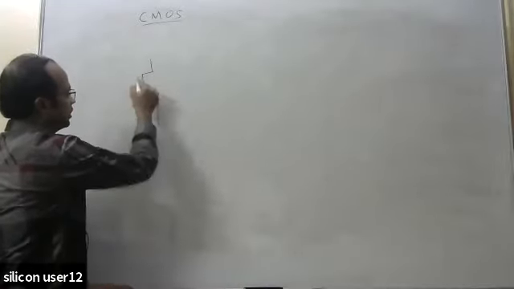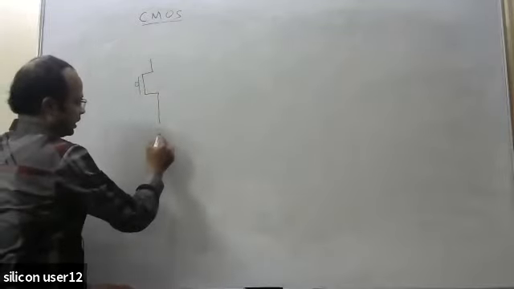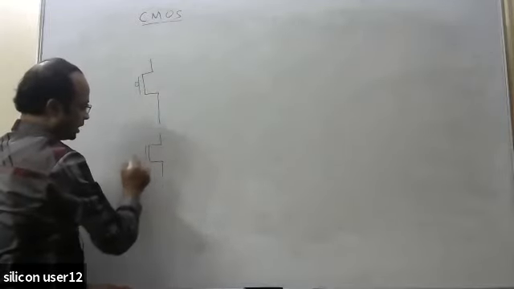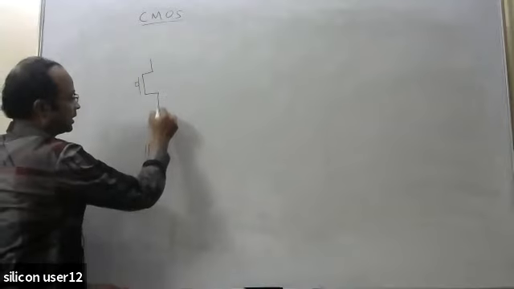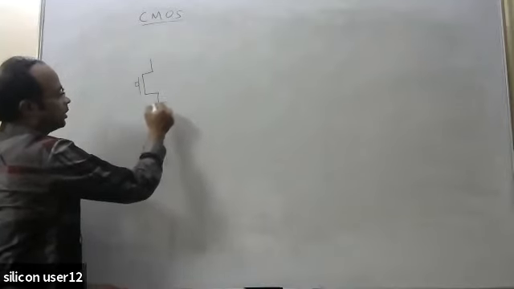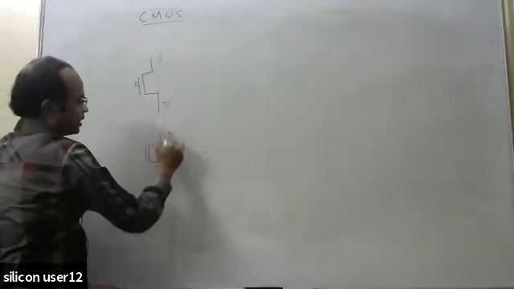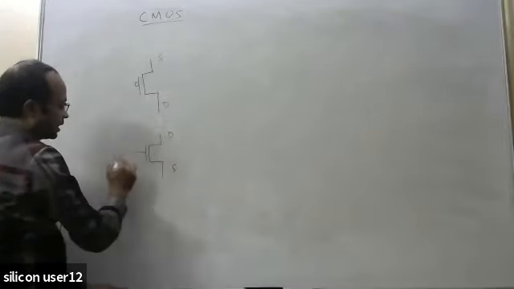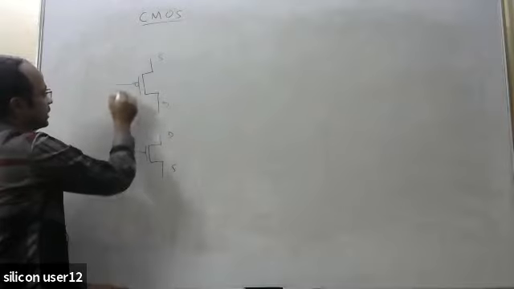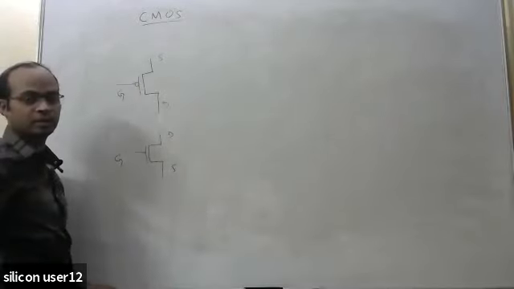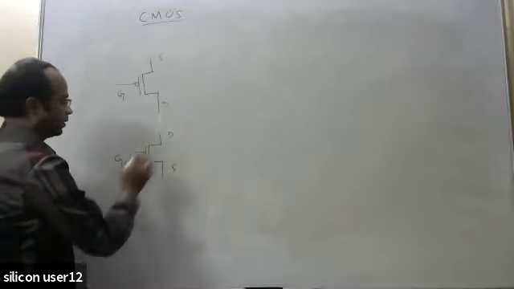So this is one PMOS and this is one NMOS. This is the drain of the PMOS, and this side is the source, and here it is drain, source, this is gate, this one is gate. All these things we discussed yesterday, I am just recapping.